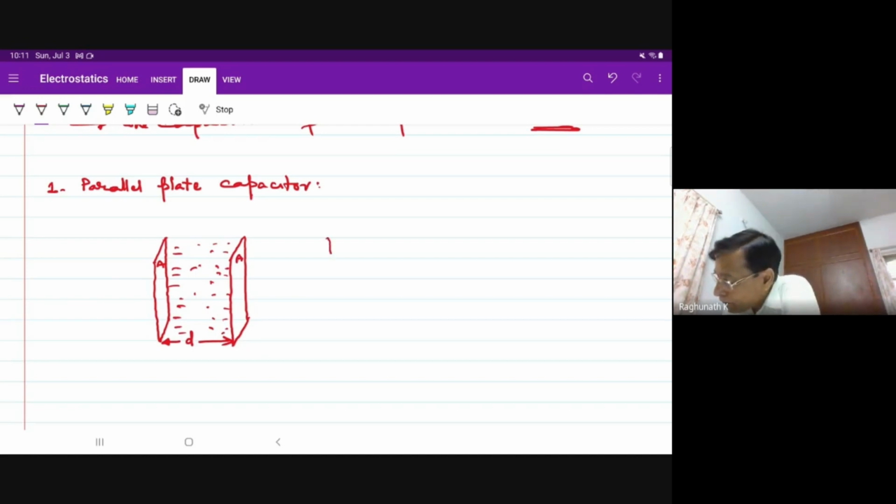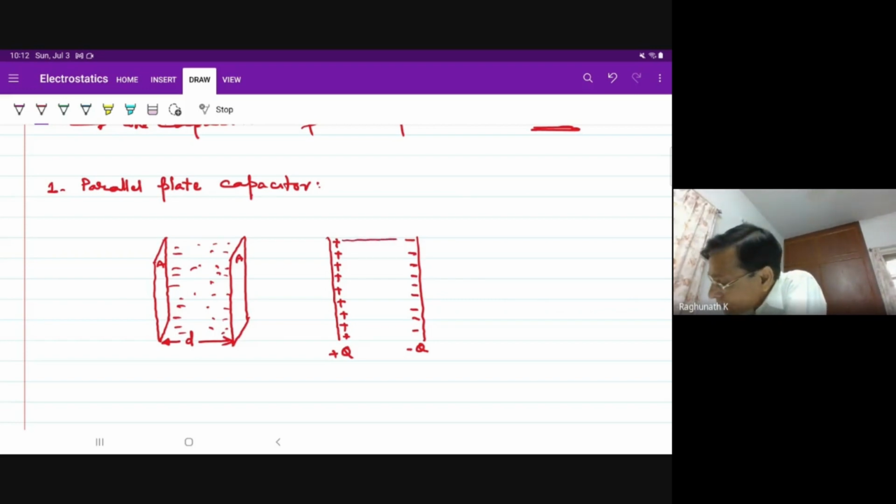With the front view, plus Q on one plate and minus Q on the other.